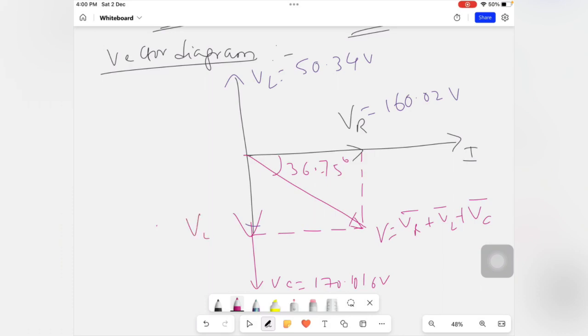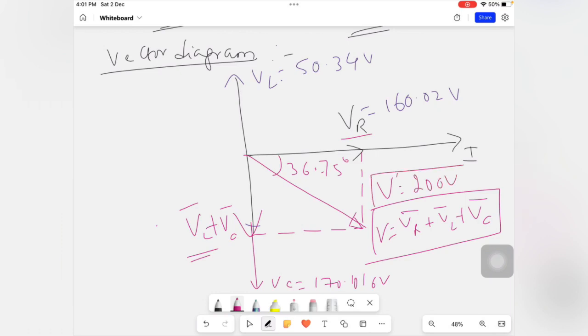This is vector VL plus vector VC. So the resultant voltage V is equal to VR plus VL plus VC. You can substitute, you will get all the values put together. You will get V equal to 200 volts, that we know. That is given in the problem.